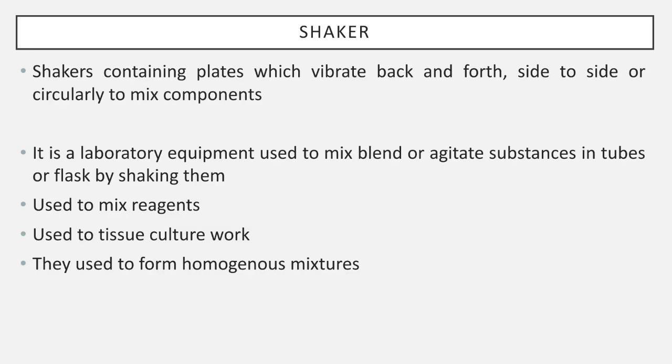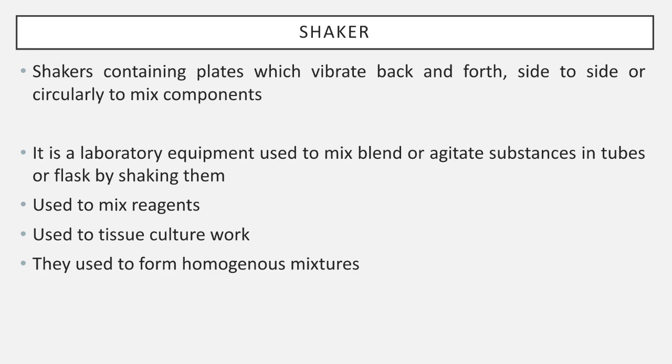Another one, the shaker. Shakers contain plates which vibrate back and forth, or side to side, or in circulatory motion to mix the components placed on the plate of the shaker.